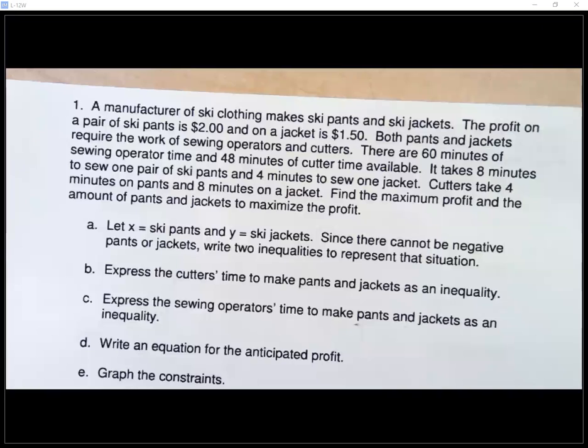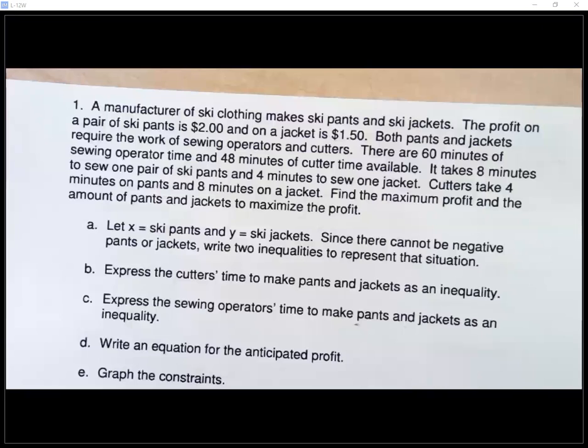All right, so let's break it down piece by piece. It's really not so bad once you get the hang of it. You just gotta get used to it. They already said X is going to be ski pants and Y is jackets, so they did that part for us. And they're saying there cannot be negative pants or jackets. Two inequalities to represent that situation. So everybody go ahead and answer A. Our first restriction is that we can't have negative pants or jackets.